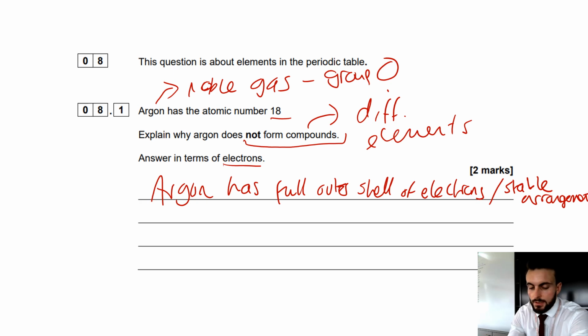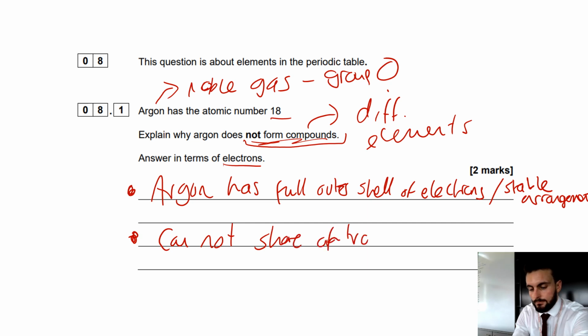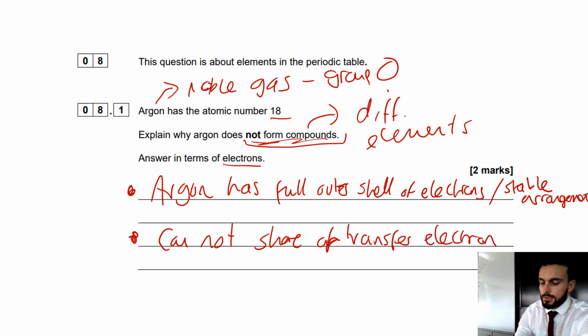Either one. That's 1 mark. So therefore, what can it not do? If it's forming a compound, it means it's a chemical reaction. Think about what happens in terms of chemical reactions. It means it cannot share or transfer electrons. Or you could say gain and lose electrons and share electrons, etc. That's how you get the 2nd mark.